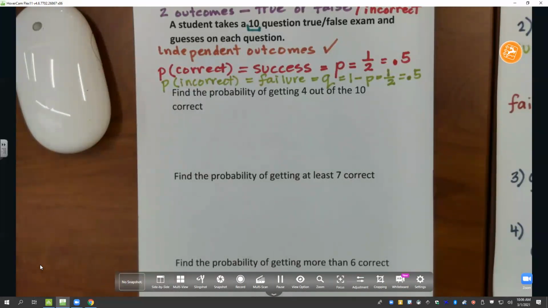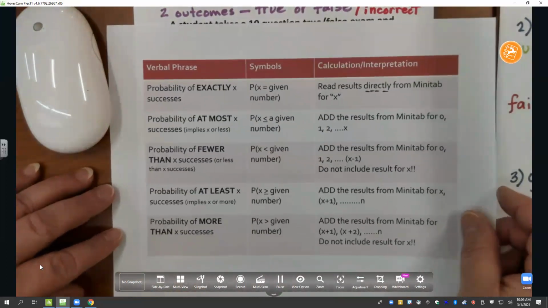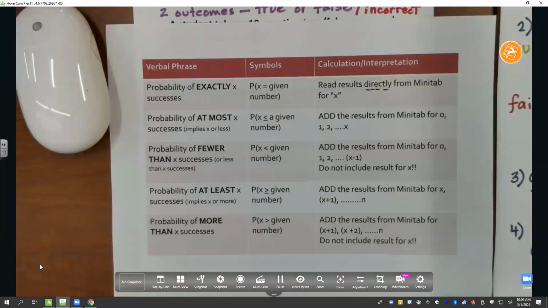I don't even have it memorized. On the PowerPoint for the binomial distribution on slide 8, there is this lovely table that Miss Ralston created. Okay? You need to make this table your friend.